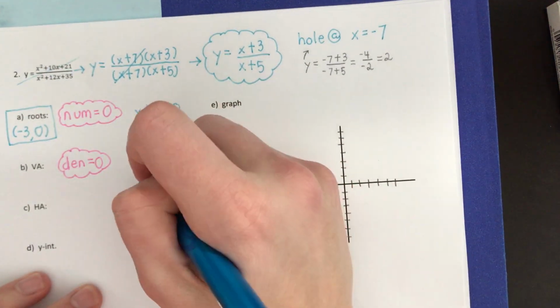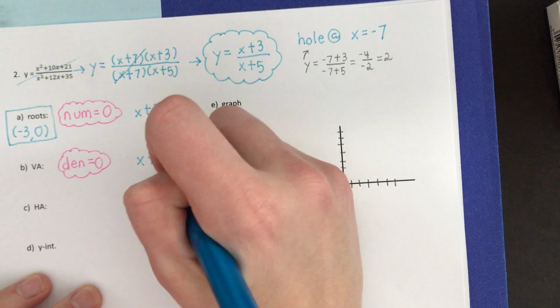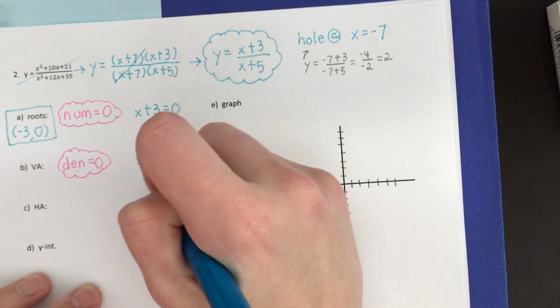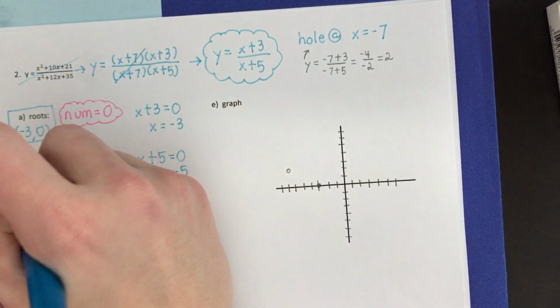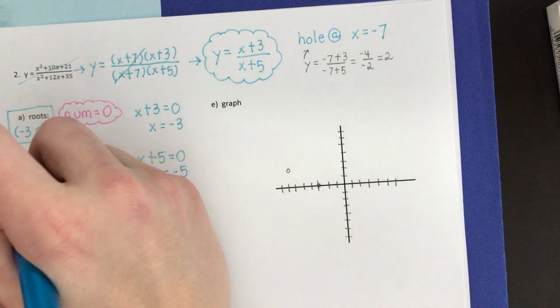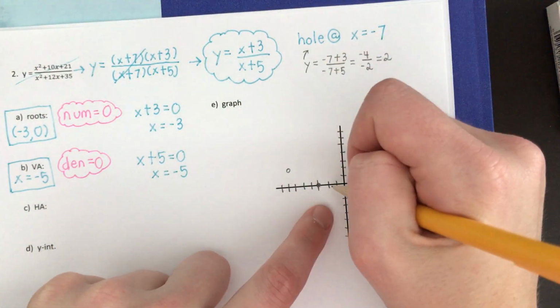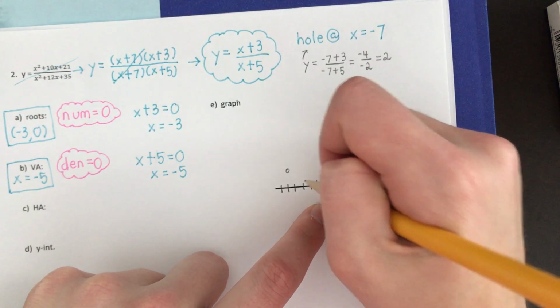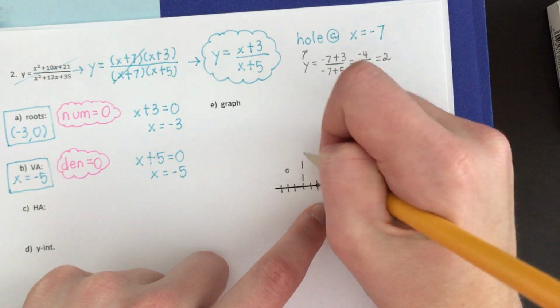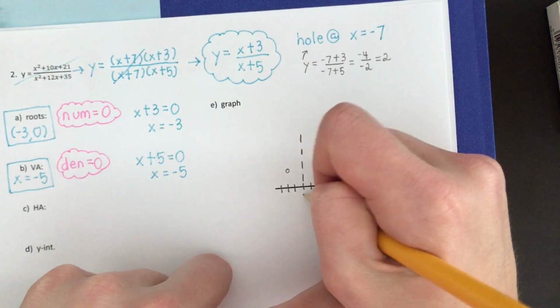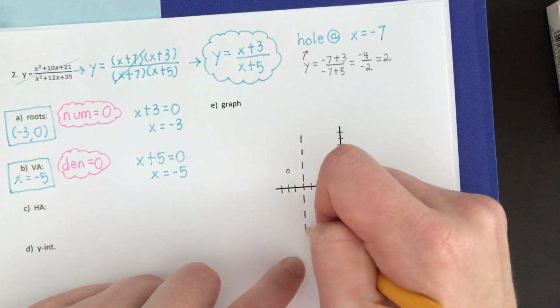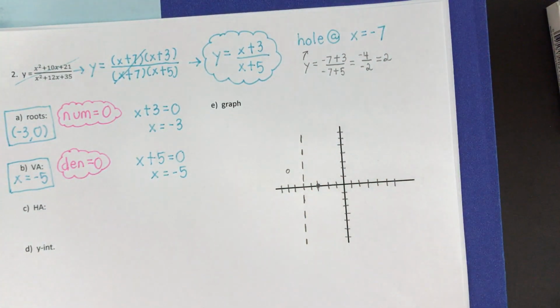I drew a light cross through that so you'd remember not to look at that. So x plus 5 equals 0, so x equals -5. I can go ahead and plot that. That makes perfect sense. Okay, so -5, about right there.